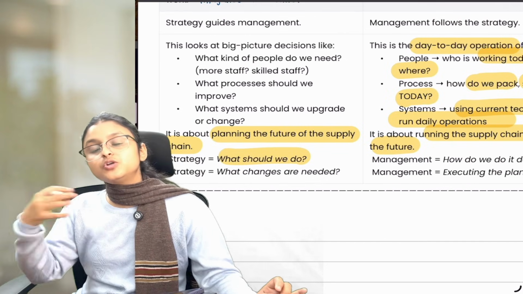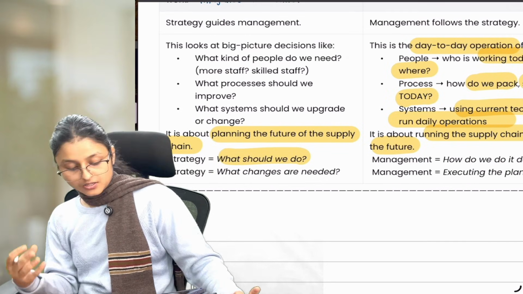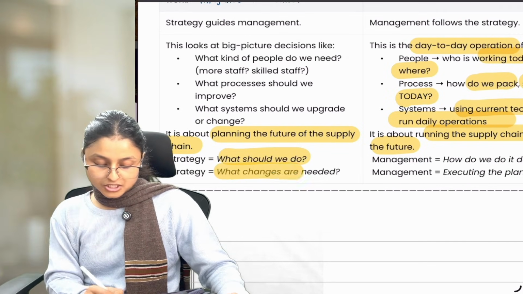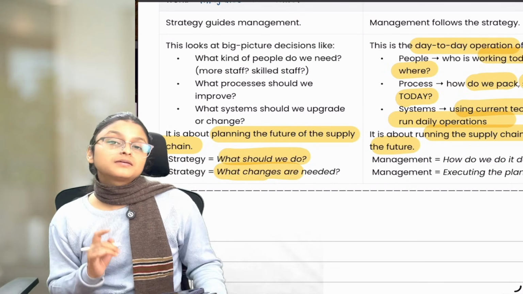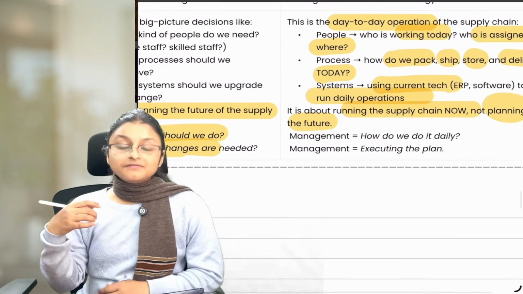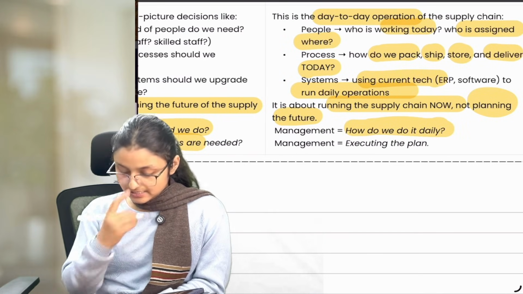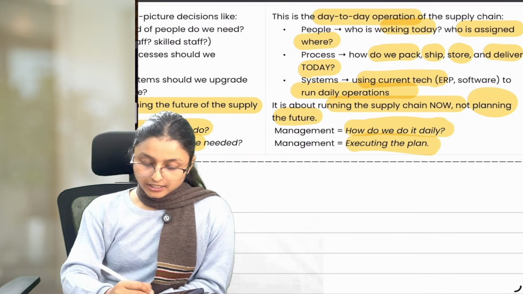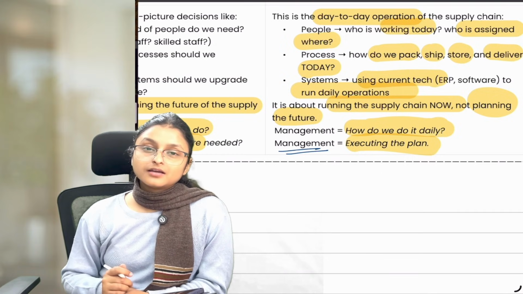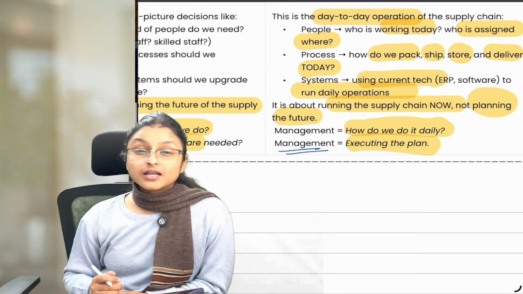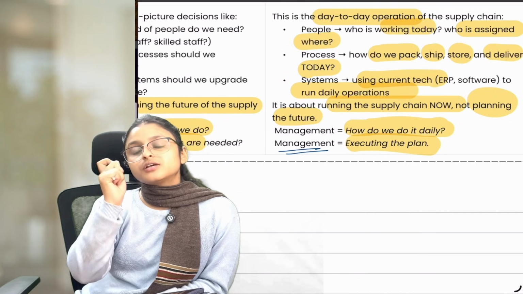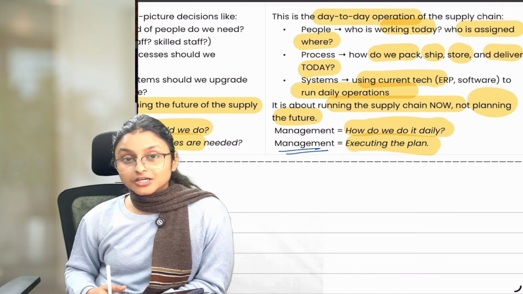Strategy is what should we do in future with the supply chain, or what all changes we should make in our supply chain. But when we say supply chain management, we focus mainly on what is happening daily and how we will execute the plan. If you notice, what is management? We have understood about management earlier also, that it includes planning, organizing, staffing, directing and controlling.